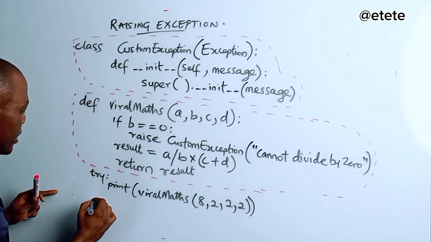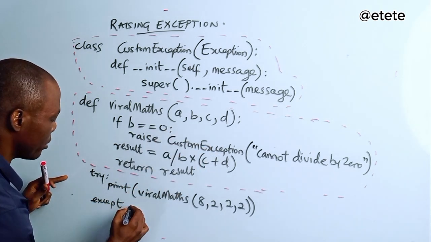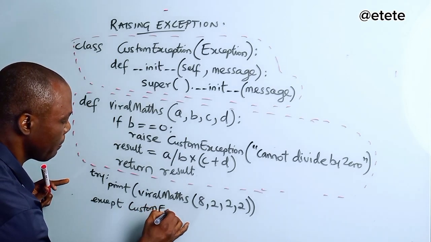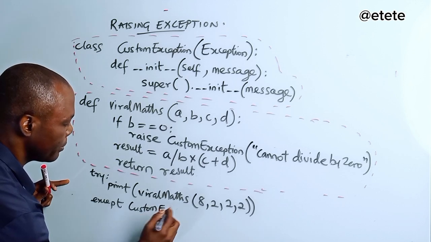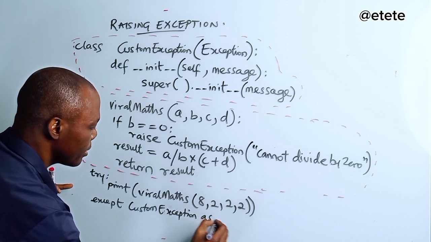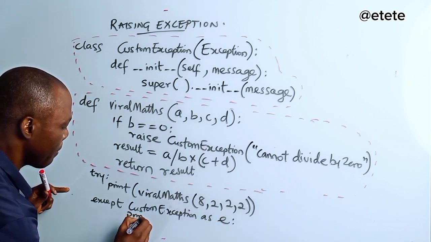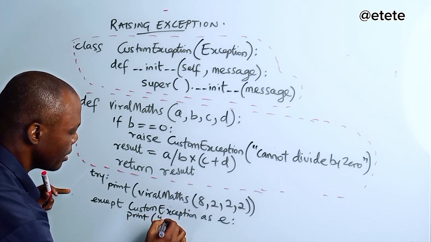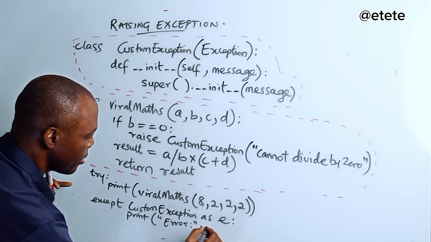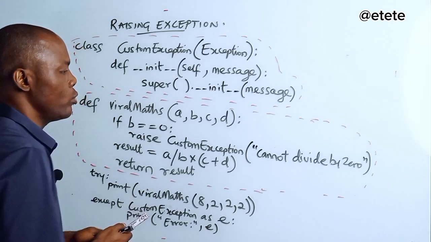Then here I'll say except. So I'm going to catch this custom exception as E. Then in it, I will say print error, comma E. All right.